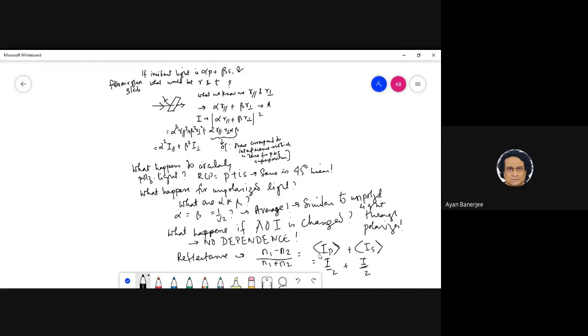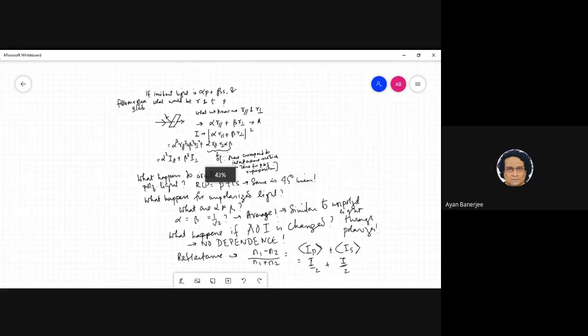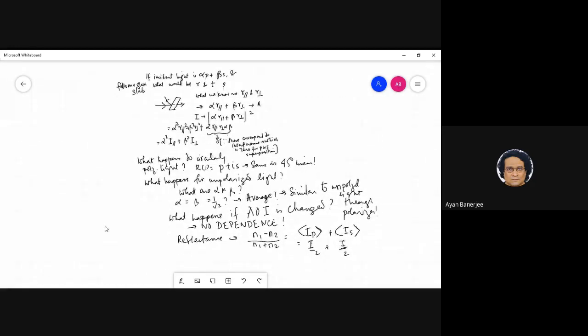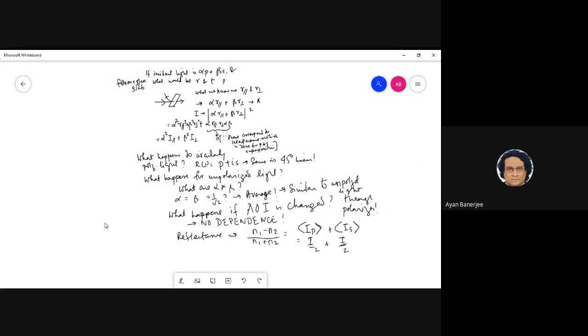I would still continue this class to a certain extent. If I ask you to verify this in the present situation, can you do this? First of all, let me tell you, this is not something easy to verify.